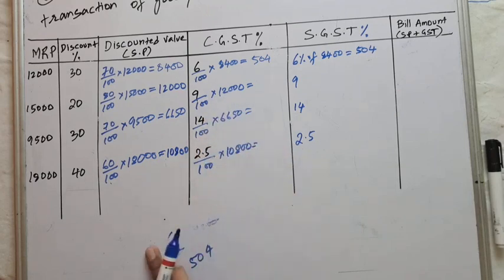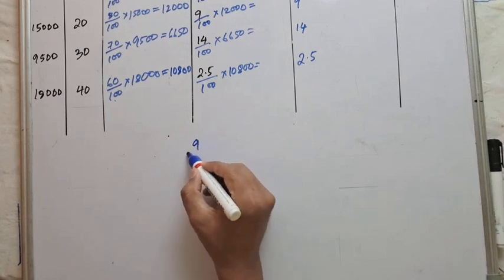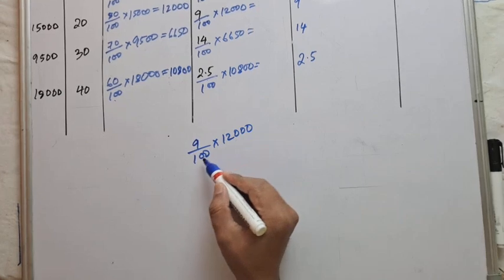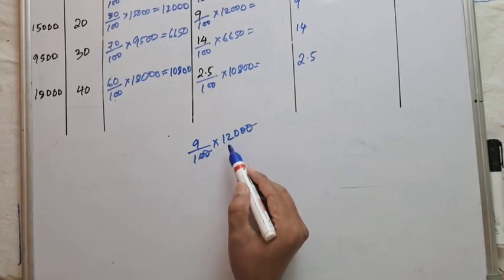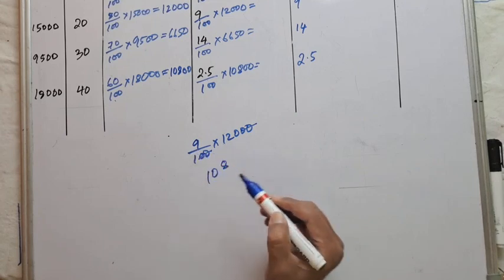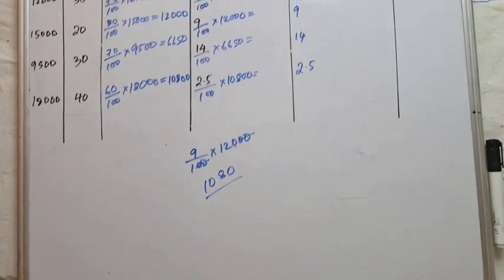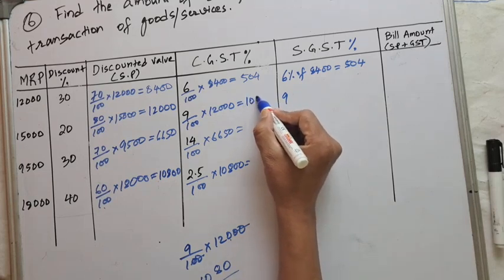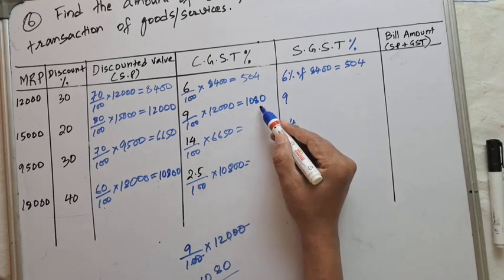Let us calculate this. 9% of 12,000. Two zeros cancel out. 9 2s are 18. 9 1s are 9 plus 1 is 10. This 0 we write here. So 1080. 9% of 12,000 is 1080.